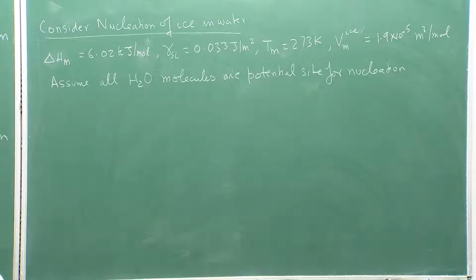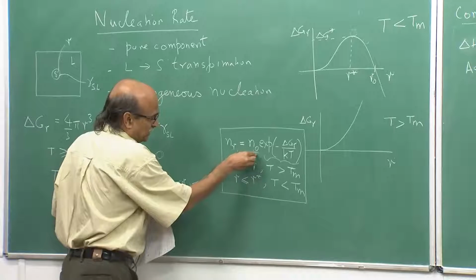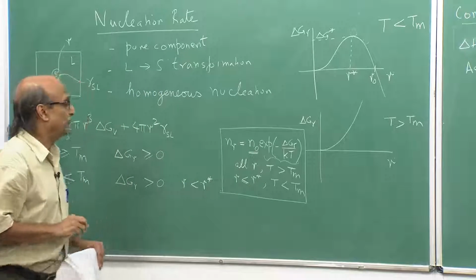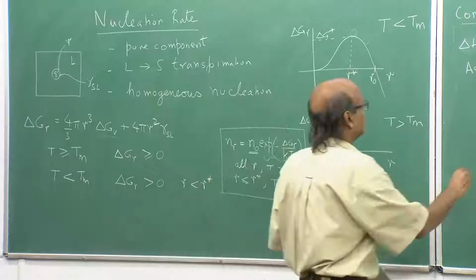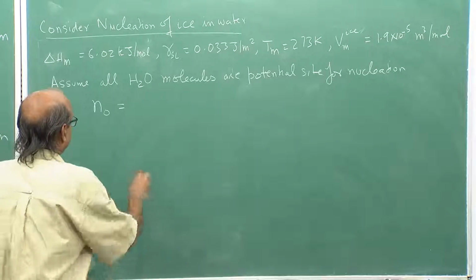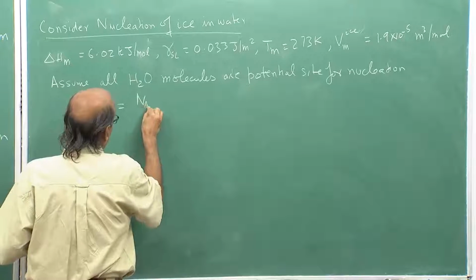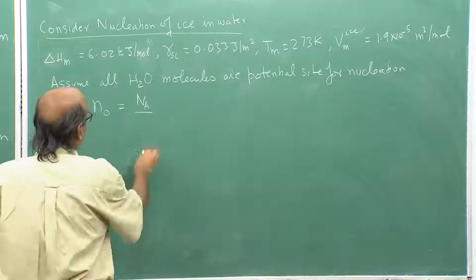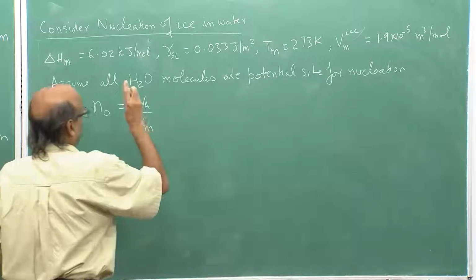Therefore, the number of potential sites per unit volume N0 in this relationship can be written as the Avogadro number divided by the molar volume.